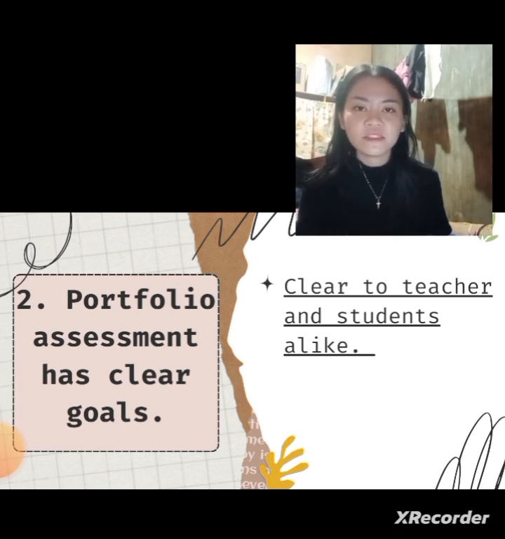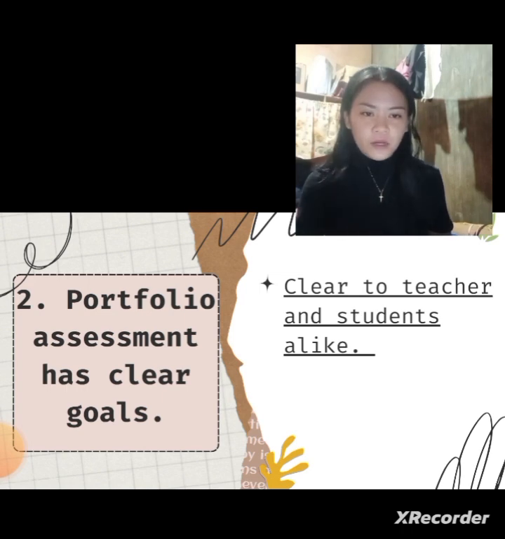It is very necessary that portfolio assessment has clear goals because they are decided at the beginning of instruction and are clear to teacher and student alike. In cognitive testing, the objectives are set in the beginning, but the actual items may or may not reflect achievement of such objectives.